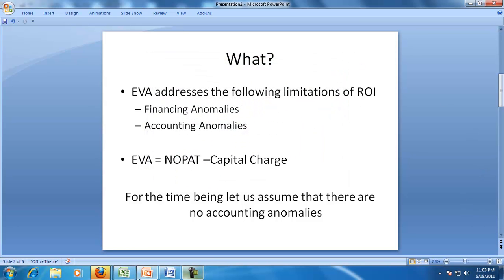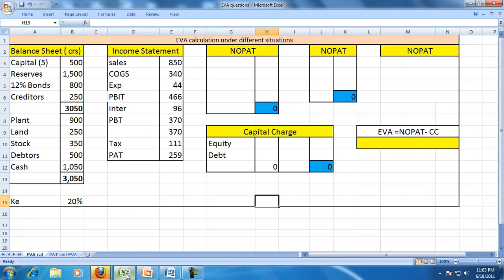To explain that, let me take you to a simple example where a balance sheet is given. The balance sheet is given, the income statement is given, and the profit after tax, PAT, of this company is 259.